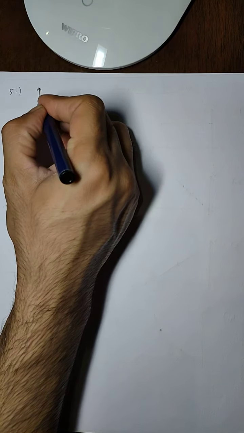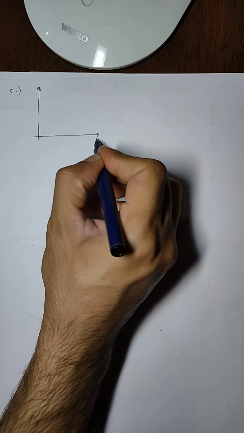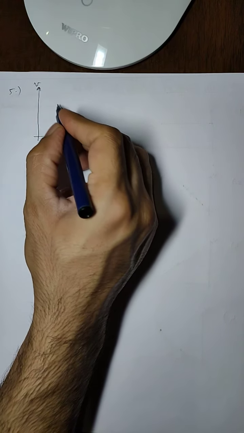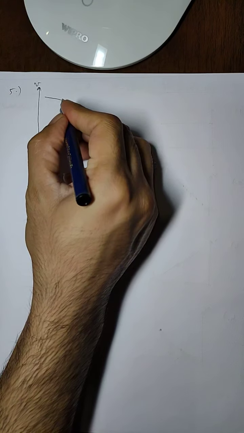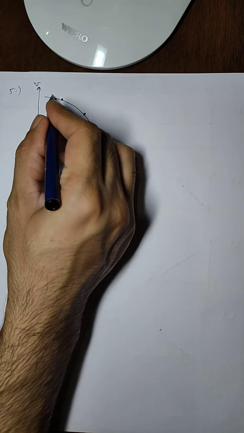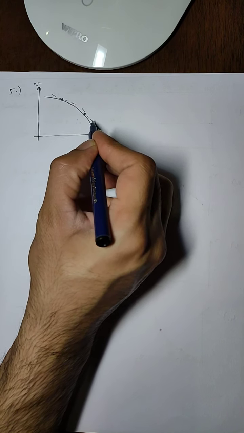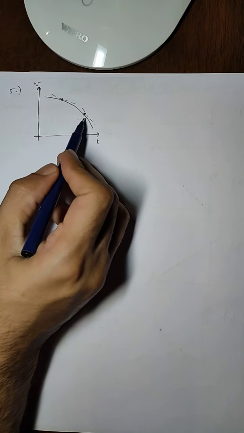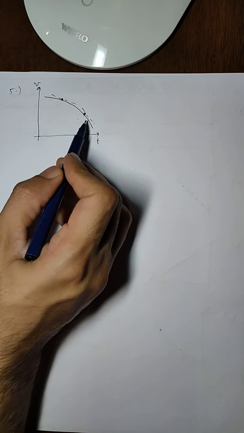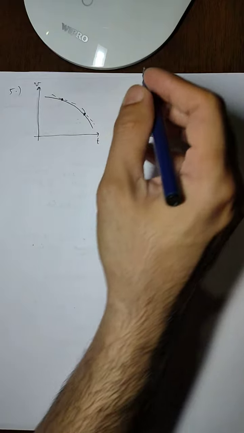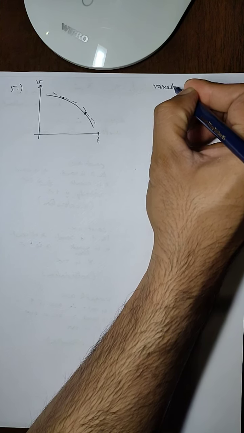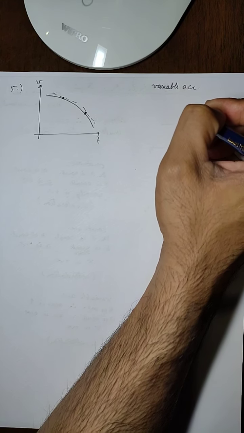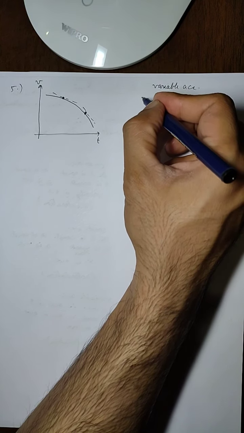Graph number 5. Let us say that this graph is like this. Now if we make slopes at these 2 points, then we can see that as we are going down, the slope is becoming steeper, but the angle is obtuse. So first of all, this is a case of variable acceleration. Then the slope is getting steeper.